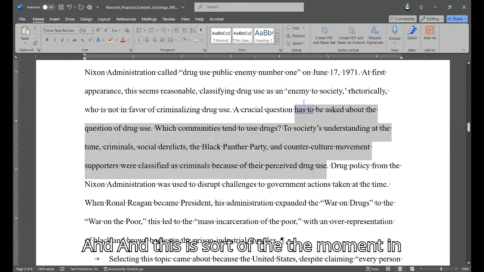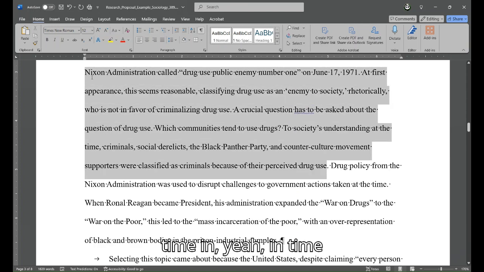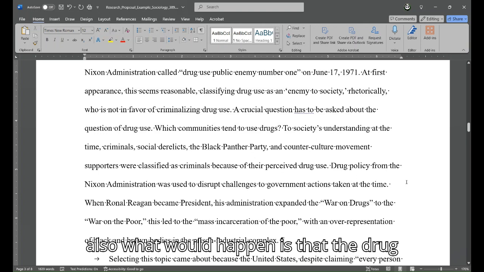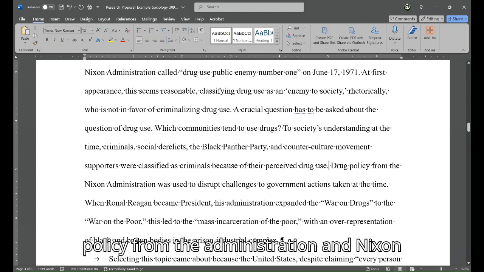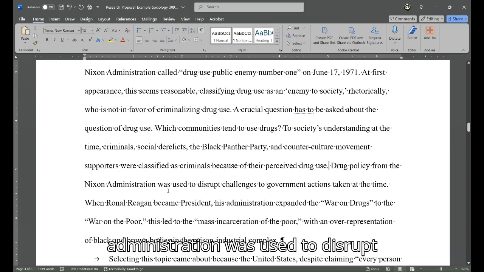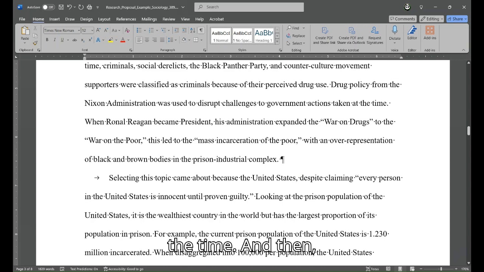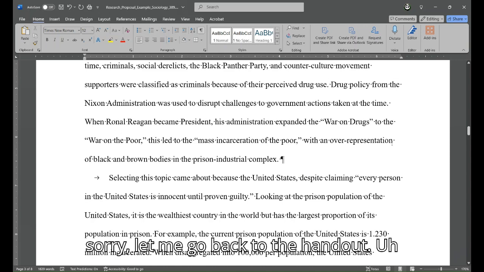And this is the moment in time where drugs were a way to regulate public behavior. But also, the drug policy from the Nixon administration was used to disrupt challenges to government actions taken at the time. And then, sorry, let me go back to the handout.